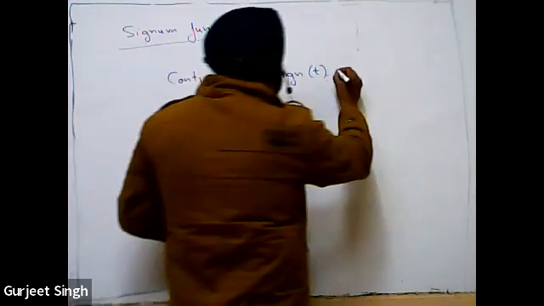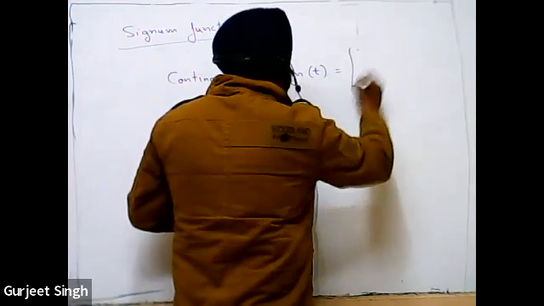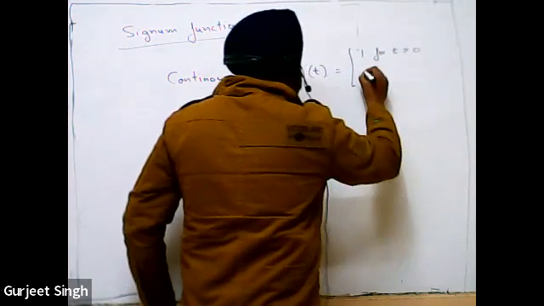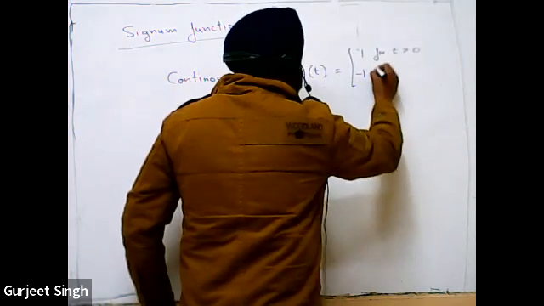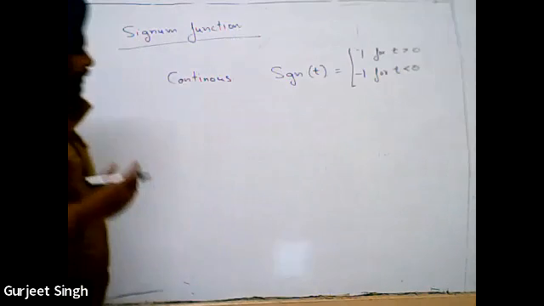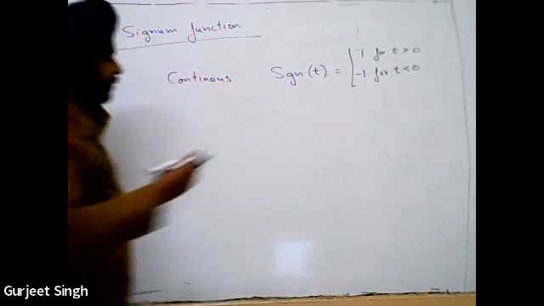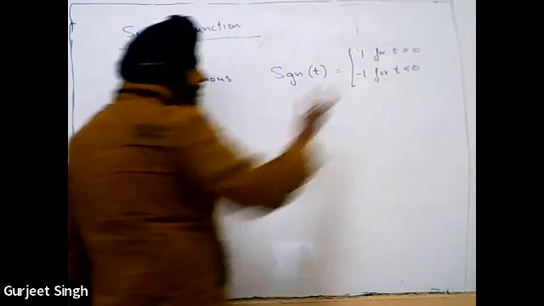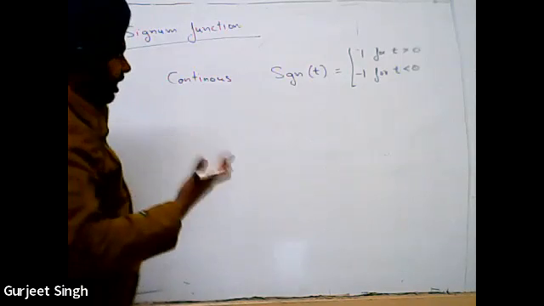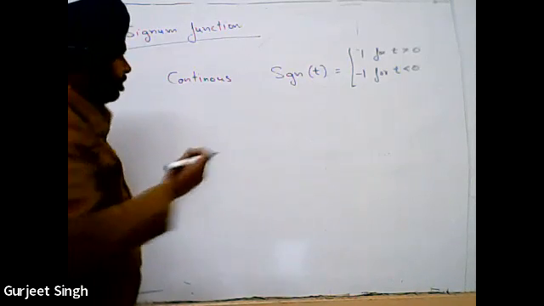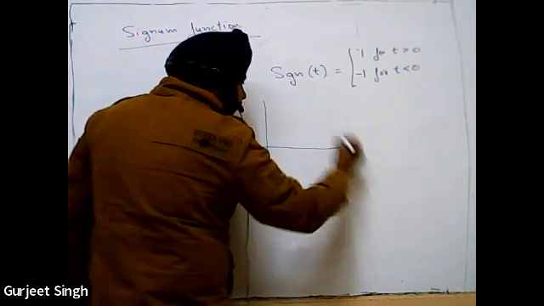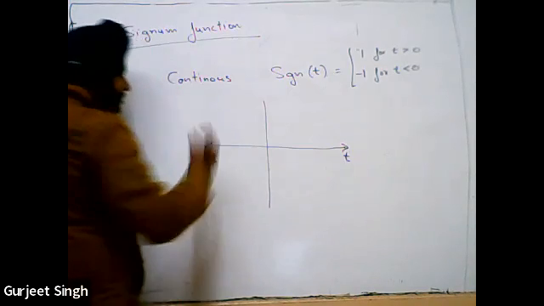It is represented like this: its value is 1 for t greater than 0, and its value is -1 for t less than 0. So the signum function has the value 1 when time is greater than 0, for positive values of t. For the graphical representation, here we have t, and here we have minus t.